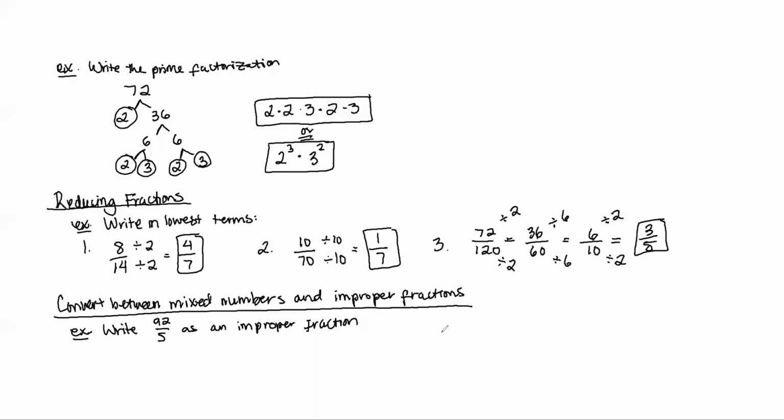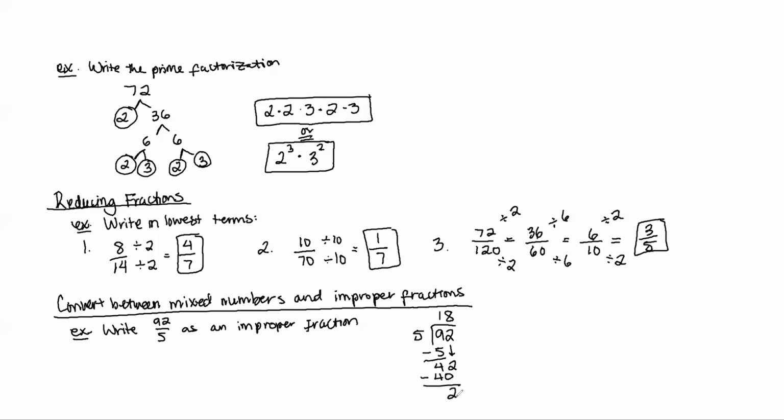We're going to take 92 and divide it by 5. So 5 goes into 9 one time. 1 times 5 is 5. We subtract and we get 4. Bring down the 2. 5 goes into 42 8 times. 8 times 5 is 40. Subtract, and we get a 2.